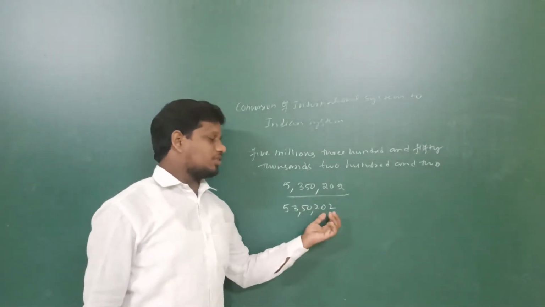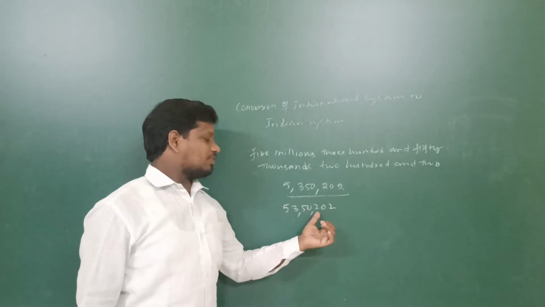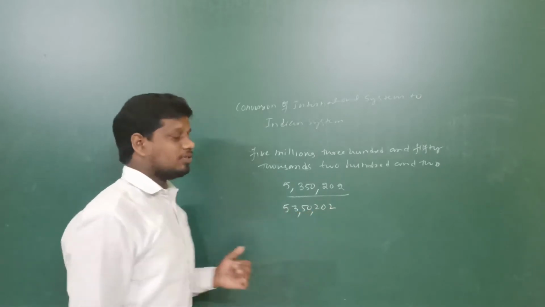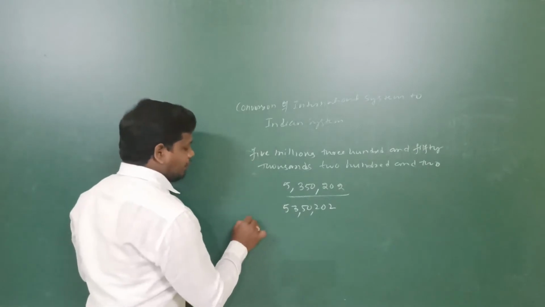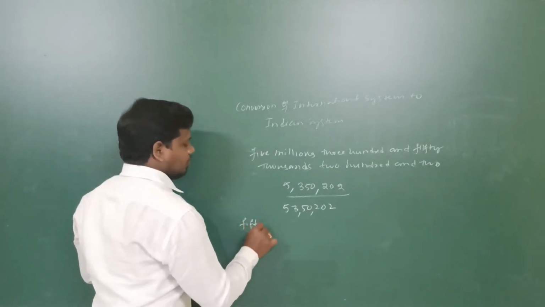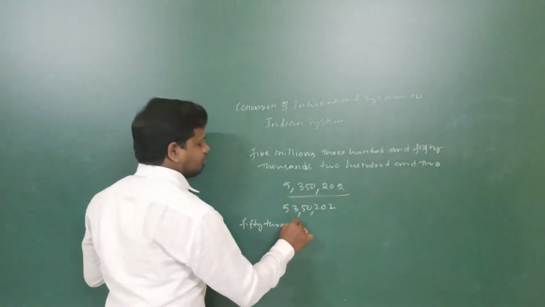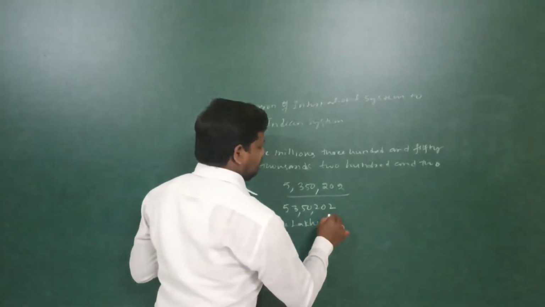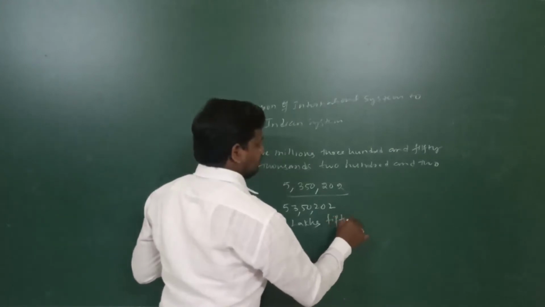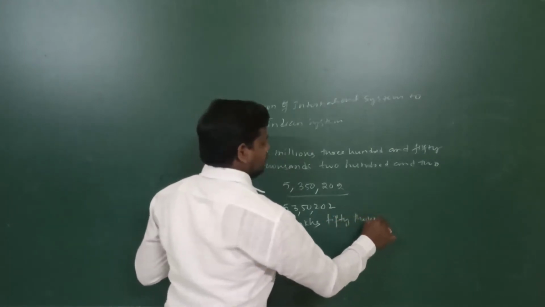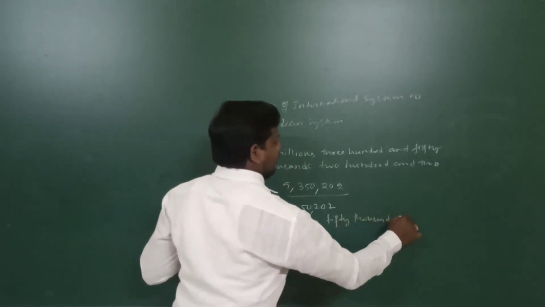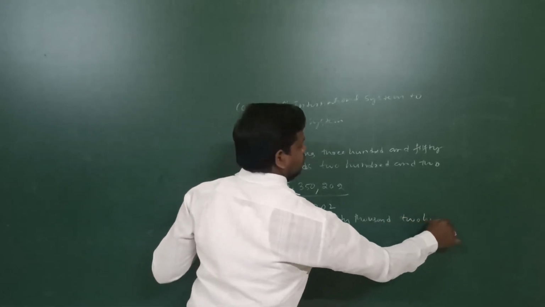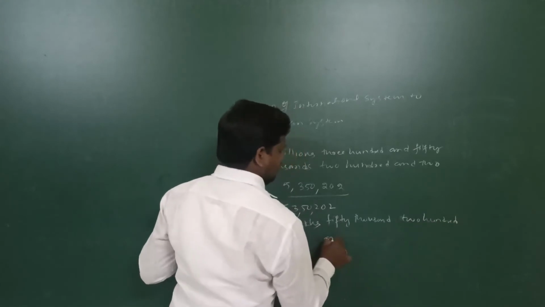First 3 digits: unit place, tens place, hundreds place, then thousands place, 10,000 place, lakhs, 10 lakhs. So how can we write? 53 lakhs, 50,000, 200 and 2.